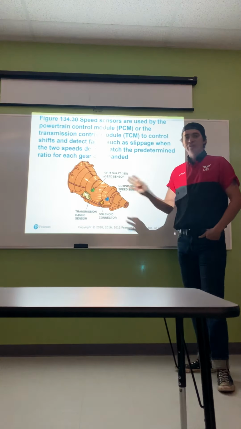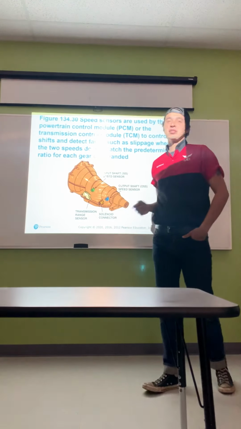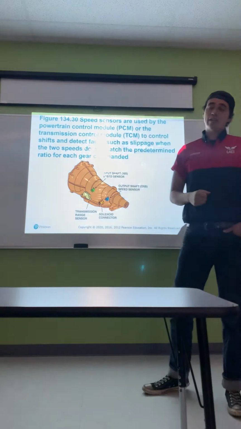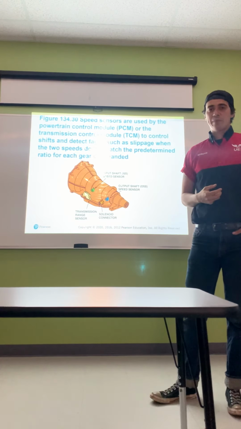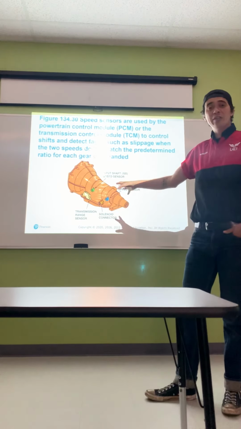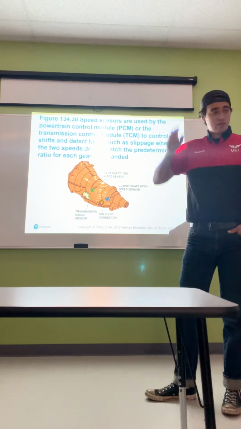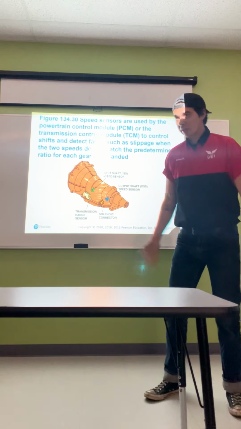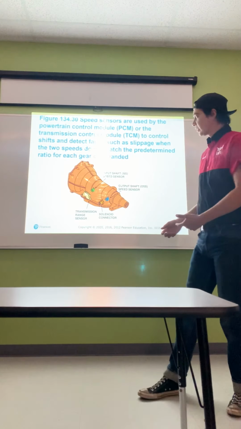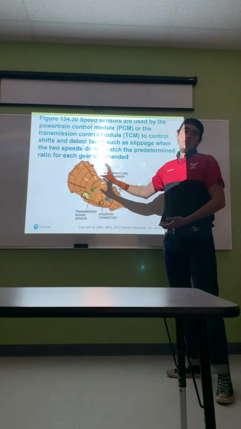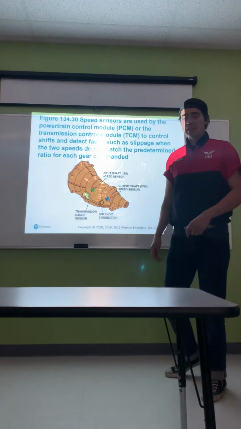Well, now we have all the information needed, so now we can condemn a transmission a lot easier. It's a lot harder to say that transmission's bad when you can't get the problem to happen. Now we have documentation in the computer stating this is what happened, this is why we need to replace it. Well, obviously it's not going to say why we need to replace it, but this is what we can tell the customer.